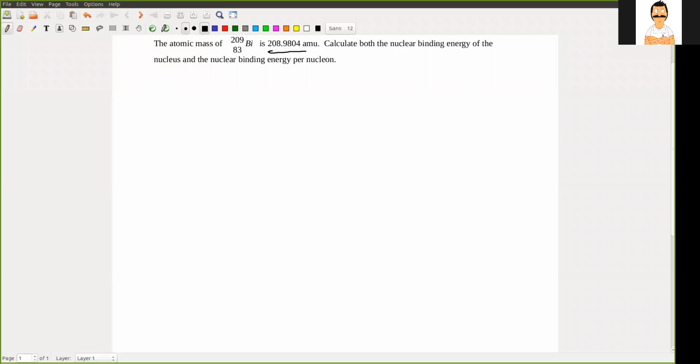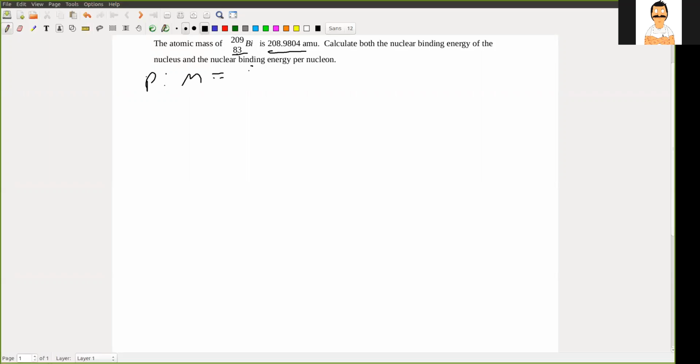So to do this, we'll have to determine the number of protons, the number of neutrons, and we'll have to find the total mass of protons and neutrons. So the number of protons is easy. You can read it right off there. So for protons, I'm just going to put a P for protons. We have to find the mass.